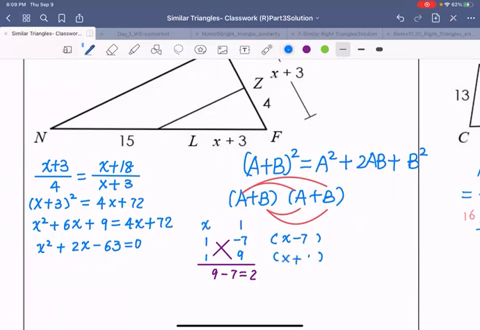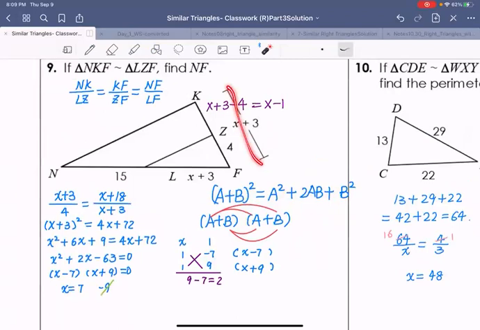There you go. So this is x minus 7 times x plus 9 equals 0. So x equals 7, right? Negative 9 is not possible because we cannot allow the negative. This part won't be negative.